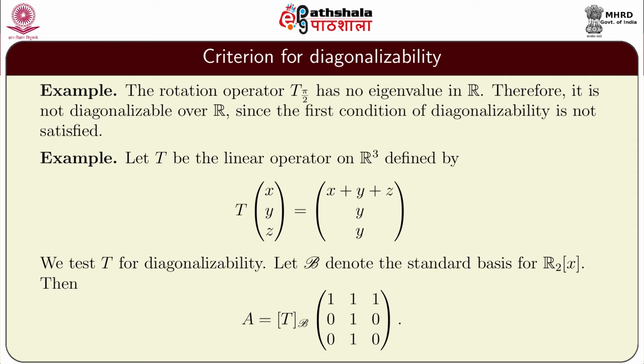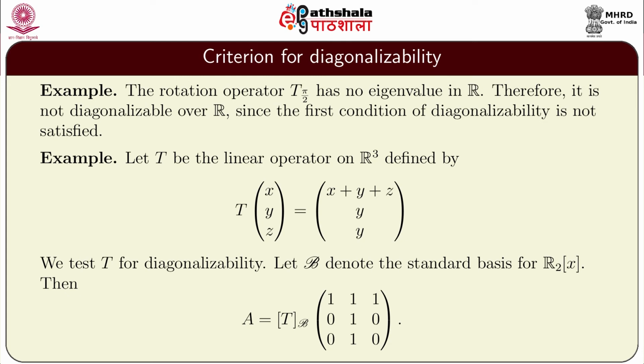Recall, the first condition was that the characteristic polynomial must split in the base field. In this case, the characteristic polynomial is t square plus 1, which obviously does not split in the field of real numbers.